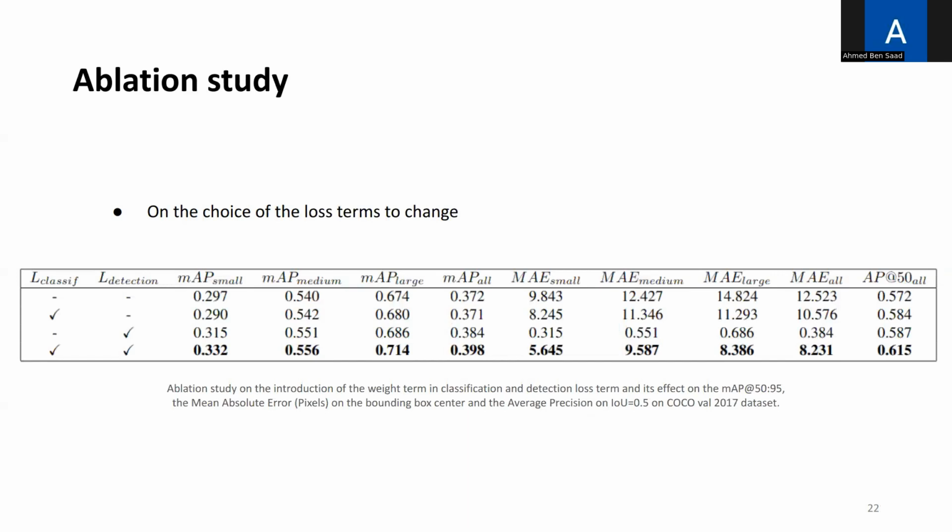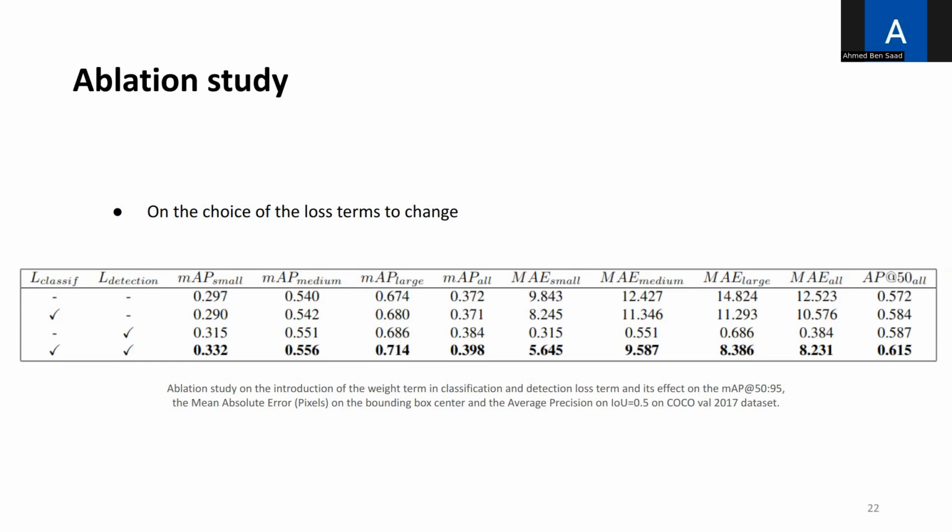Also, we wanted to do a little ablation study on the effect of putting the weighting term in each loss term. As you may know, the loss function in every object detector is generally composed of the classification loss, which is used to classify each object, and the detection loss, which is the loss for correctly detecting whether there is an object or not at first, and then localizing the object with a good bounding box.